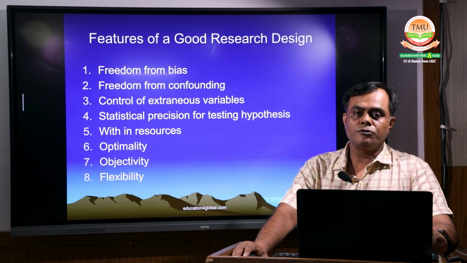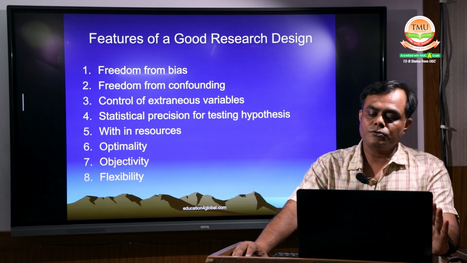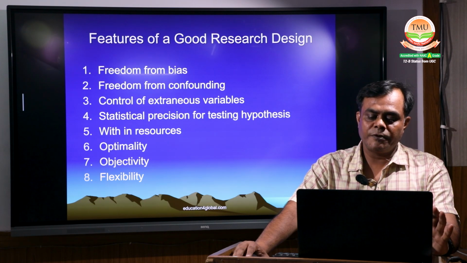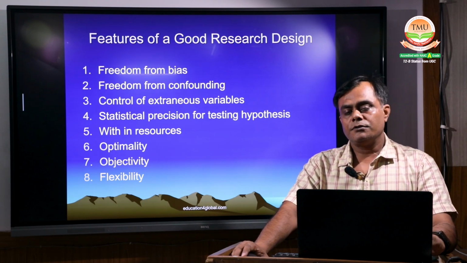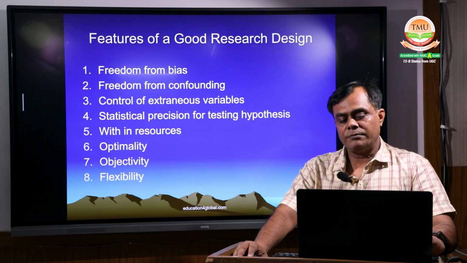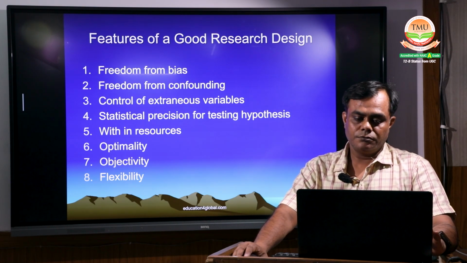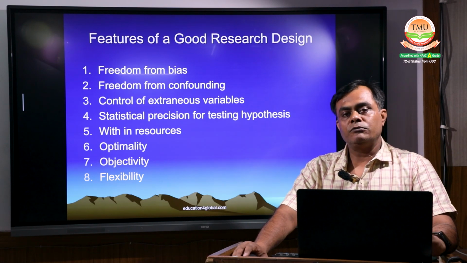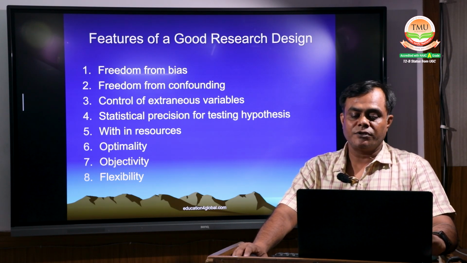Whatever the resources, we have to limit our research to them. Then optimality, we always use the principle of optimality, objectivity, and finally the research design has the flexibility to reach a practical solution. Sometimes research gives you a solution, but that solution is not considered practicable.